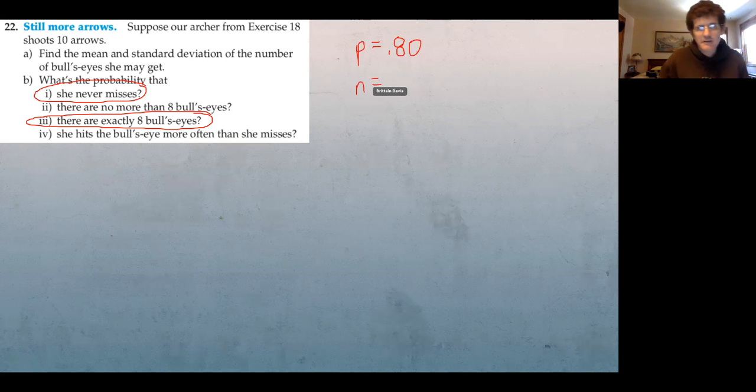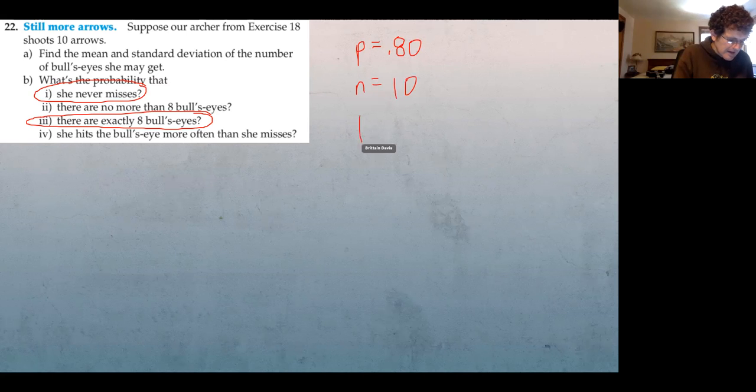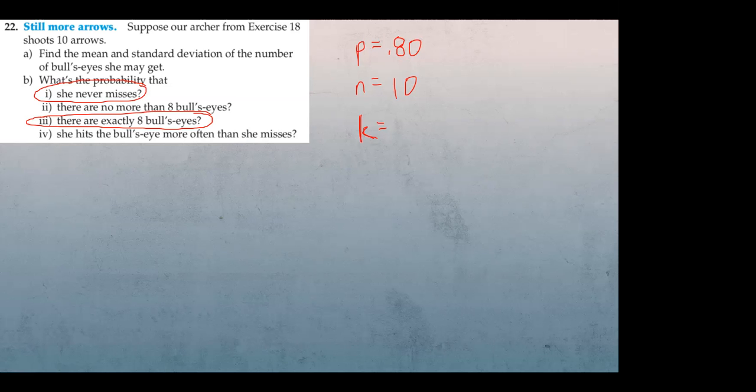What is our N for this problem? 10. We got 10 arrows that are being shot, so we got 10 trials. What is the K for this particular problem? 10.